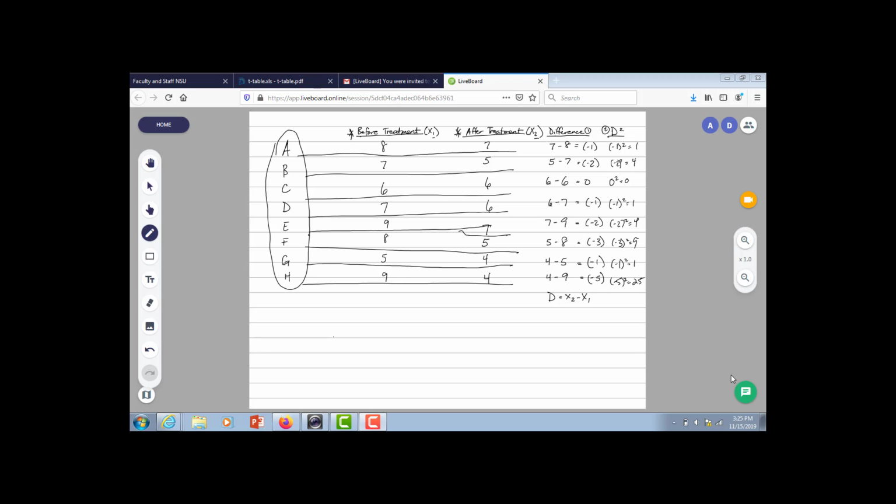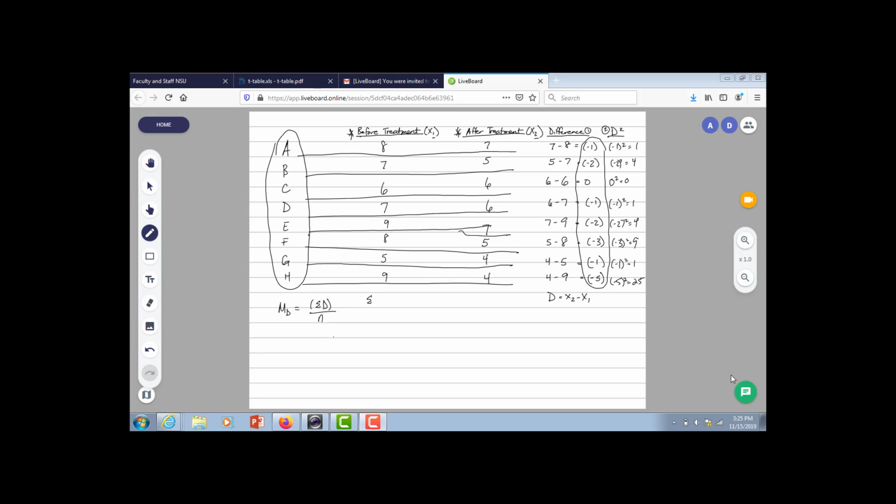Moving forward, the next thing you want to do is calculate your mean difference score. Your mean difference score is the sum of d over the number of individuals in your sample. You get the sum of d, or the sum of difference scores, by adding up all of your difference scores in the column.